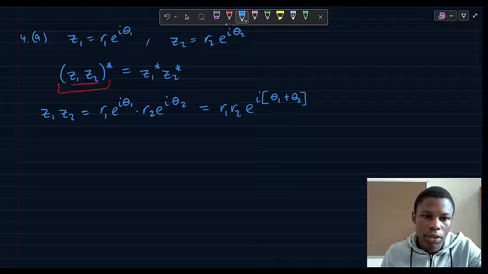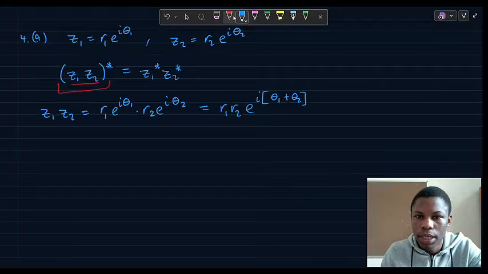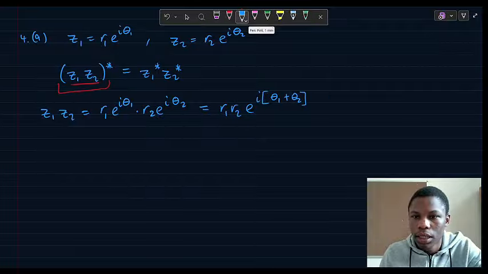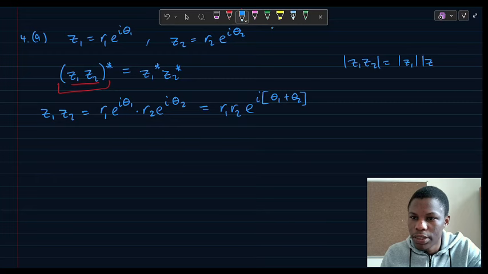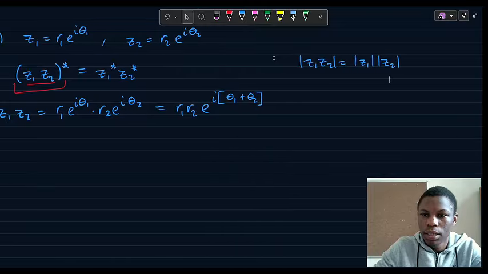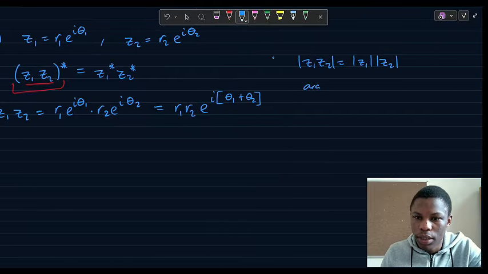Okay. So remember the rules that say the modulus of Z1 times Z2 is going to be equal to the modulus of Z1 times the modulus of Z2. And also in this case, the argument of Z1 times Z2 is going to be equal to the argument of Z1 plus the argument of Z2.